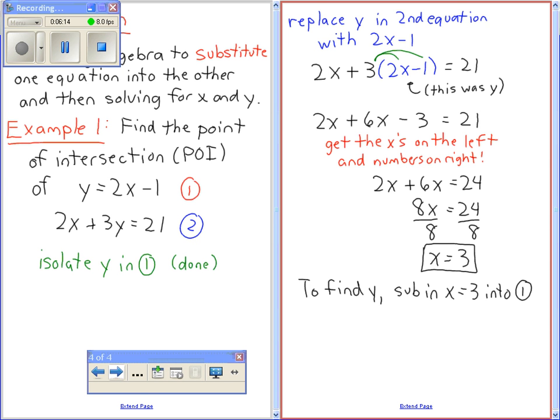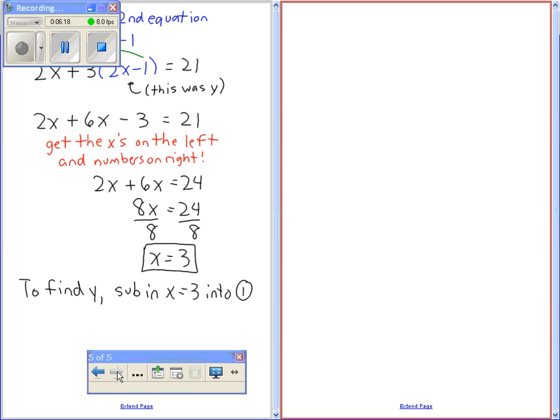So it's going to be y equals, I'm going to go to the next slide, hopefully. The original equation was y equals 2x minus 1. So now it's going to be y equals 2 times (3) minus 1, which happens to be 6 minus 1, which equals 5.